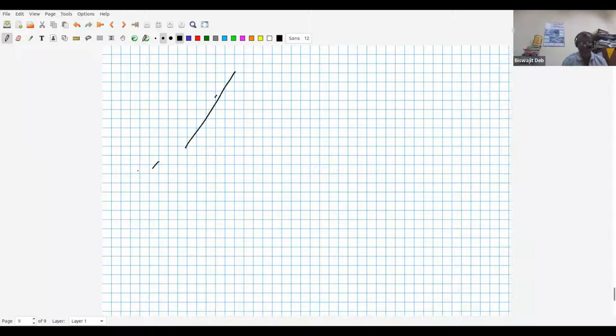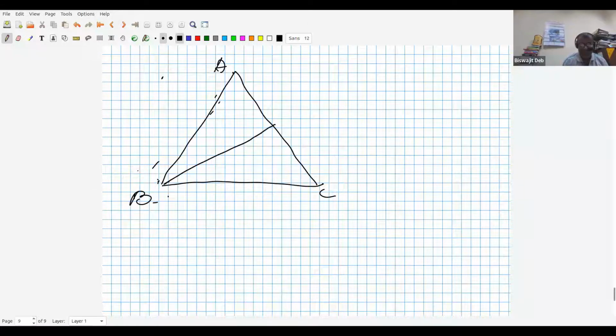So what is given to us? We are given one isosceles triangle ABC. Fine. And we are given the angular bisector of B, touching BC at D. So let us take this to be alpha.